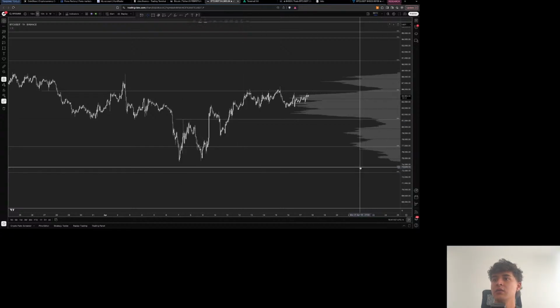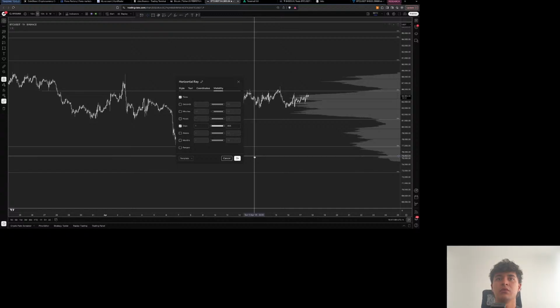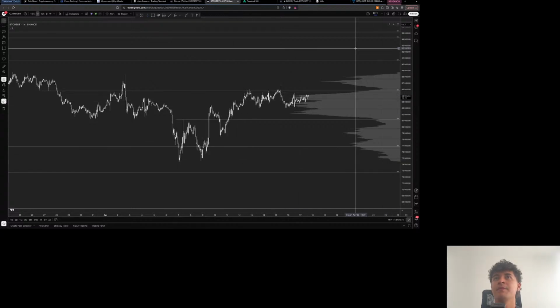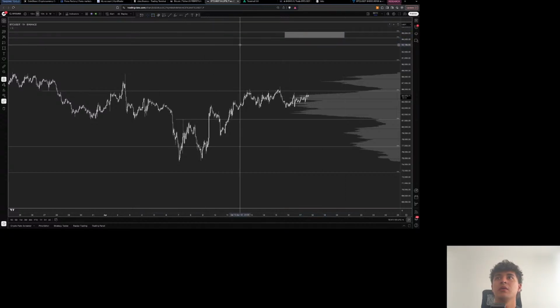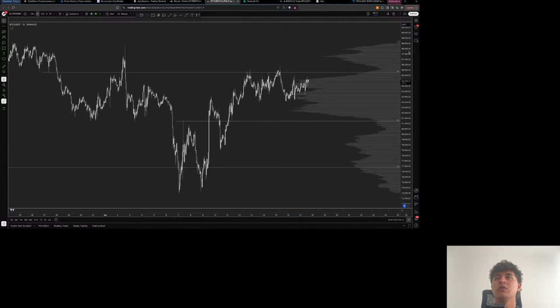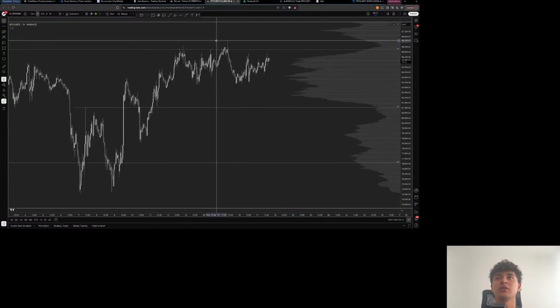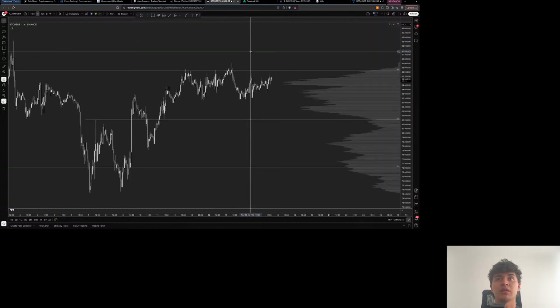Okay, this as well. All right, now we have a zone over here, and that's basically how you get your support and resistance levels backed by price, backed by volume, and backed by order flow.